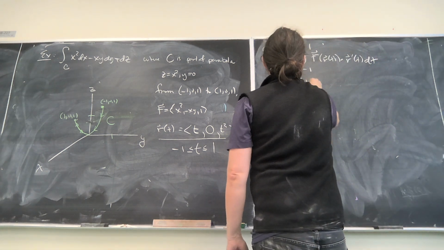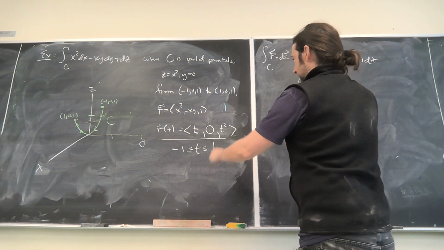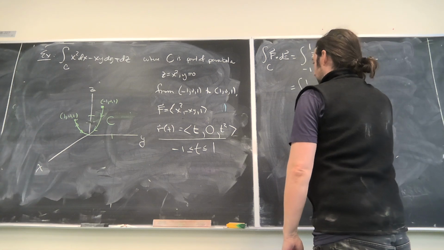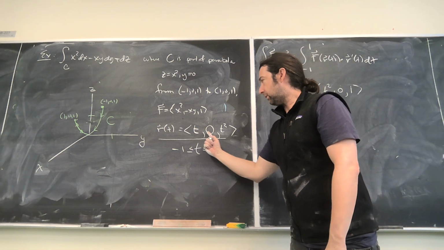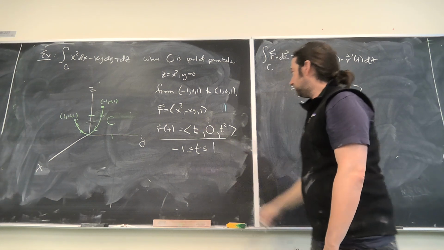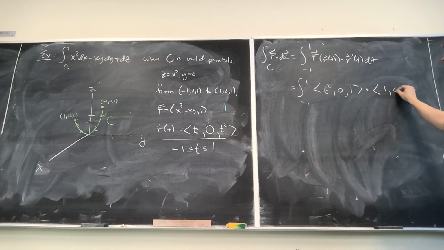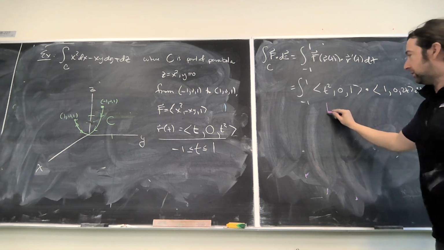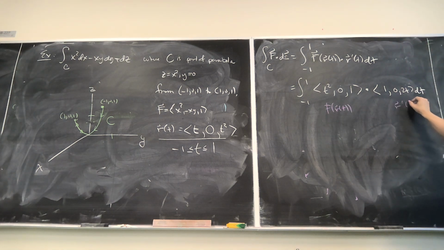Okay, so F of r of t is t squared, 0, 1. X squared is t squared, xy is t times 0, which is 0, z is equal to 1, dotted with the derivative of r, which is 1, 0, 2t dt. And then you could proceed to finish the integral. So this is F of r of t, and this is r prime of t.